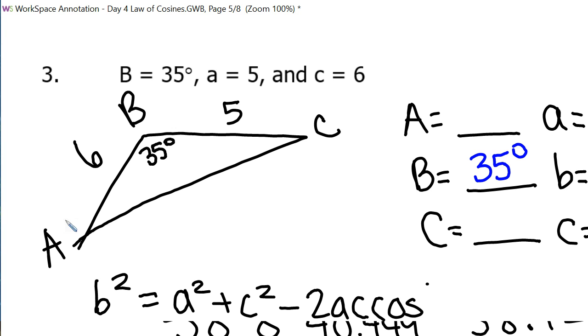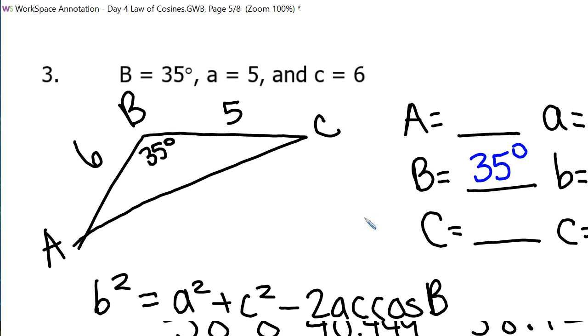This time we're solving for side B, so keep your B squared. What do we put for A? 5 squared plus, what do we put for C? 6 squared minus 2 times 5 times 6 times cosine of 35 degrees.